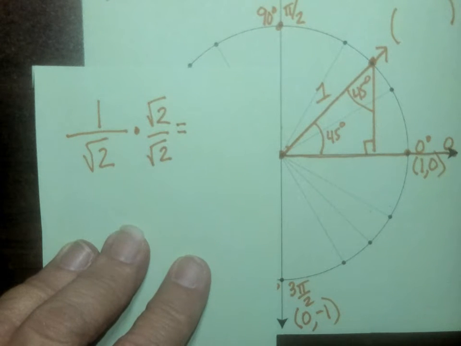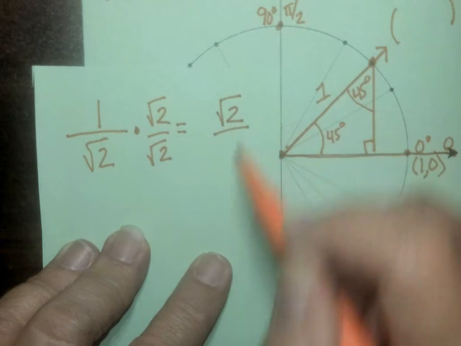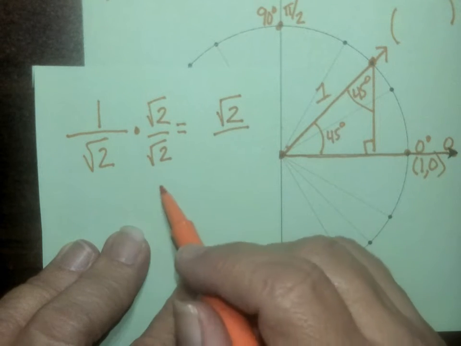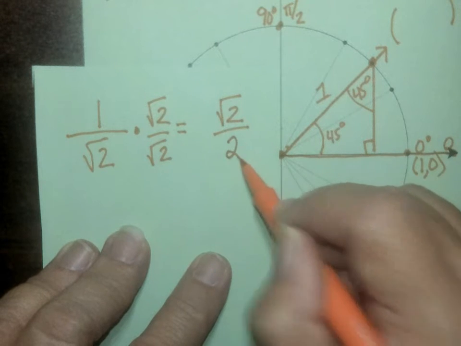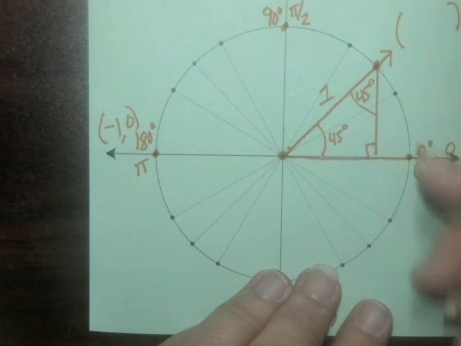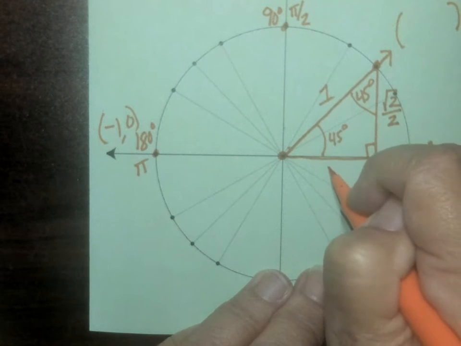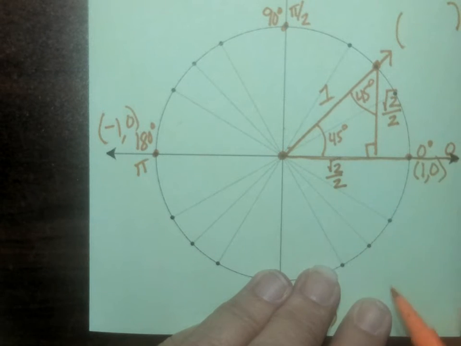Multiplying fractions, that's no problem. Top times top. Bottom times bottom, square root of 2 times square root of 2 is 2. So that means this leg is square root of 2 over 2, and the other leg is also square root of 2 over 2, right?